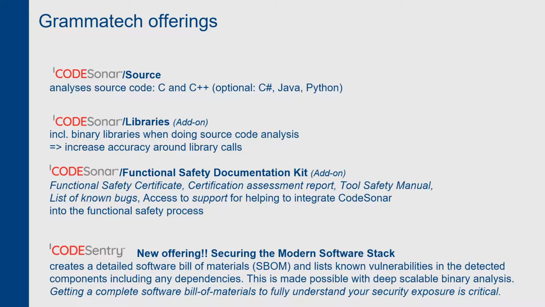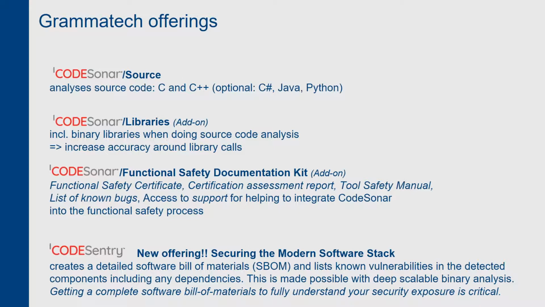There is also a functional safety kit for CodeSonar if you're working with functional safety related development. So you can buy a certificate, you can have some assessment report and tools, safety manual, and so on. And the last thing is a new solution. What that solution does is that you scan your binary, and from a binary you create a software bill of materials.